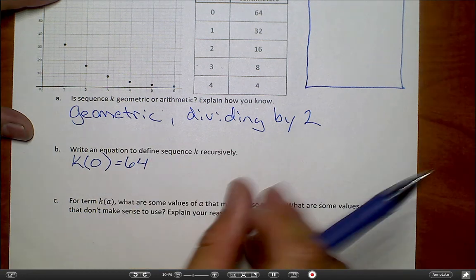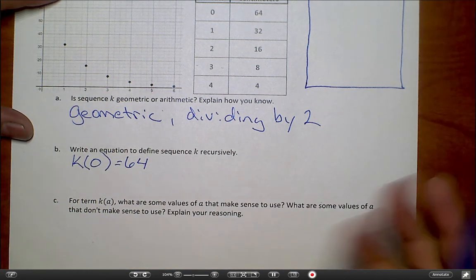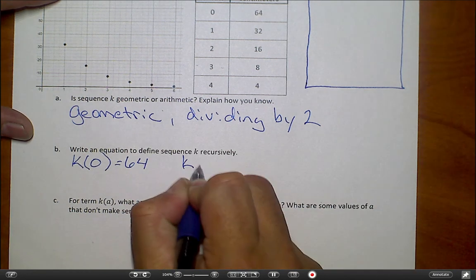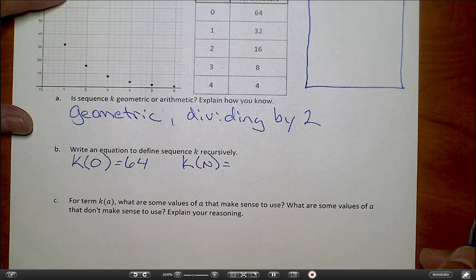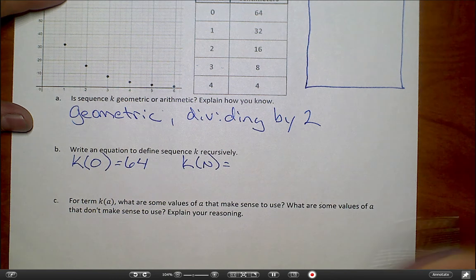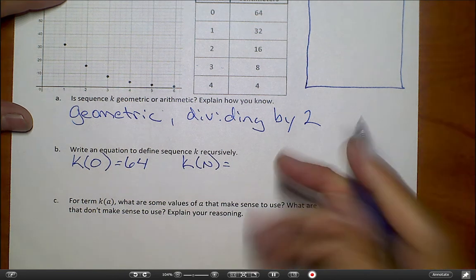Now let's define it. Since I'm multiplying by a half every time, I'm going to say K of n is equal to... not divided by 2, not yet. N minus... there we go. I have to have the previous term.